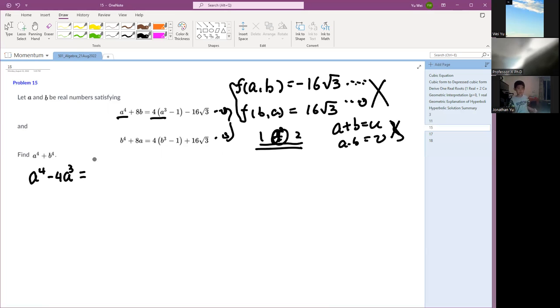Which kind of things can give you? A minus 1. A minus 1 to the 4th. Let's expand it. It's equal to A to the 4th minus 4A cubed plus 6A squared minus 4A plus 1.